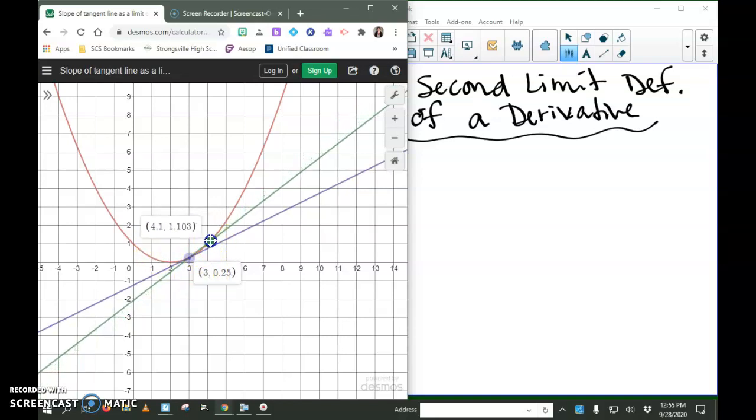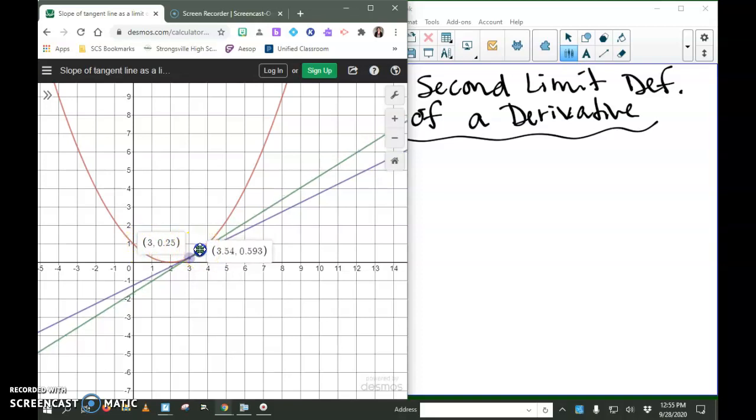So as these x values of 3.9, 3.83, etc., approach this a value of 3, I'm going to find the slopes of these successive secant lines, until I pick x values that get so close to that a value that the secant line basically looks like the tangent line, okay? And I would be using the slope of that secant line to best approximate the slope of the tangent line.